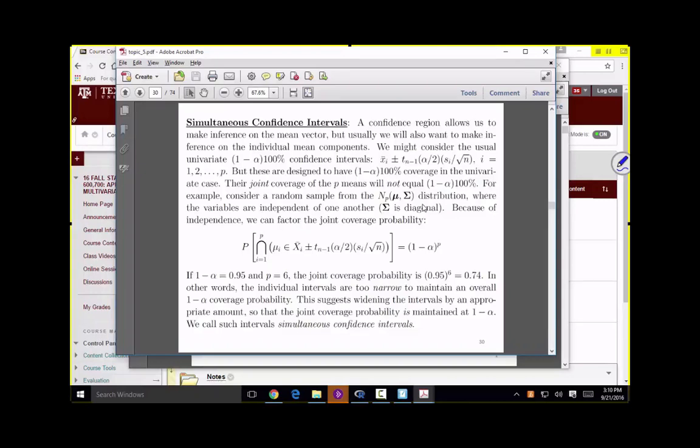So then the probability that 2 intervals that you construct that way both contain their truth is 0.95 squared, smaller than 0.95. So if we did usual univariate t-style confidence intervals, 1 per variable, the simultaneous coverage for all of them at the same time is not that nominal value anymore. Yes?